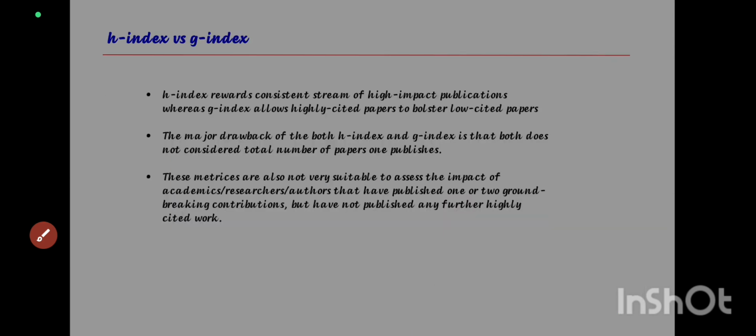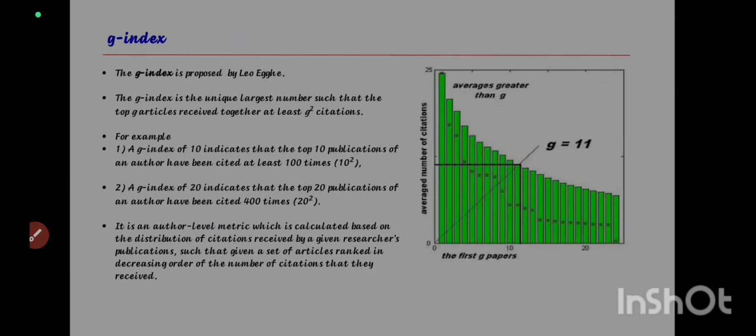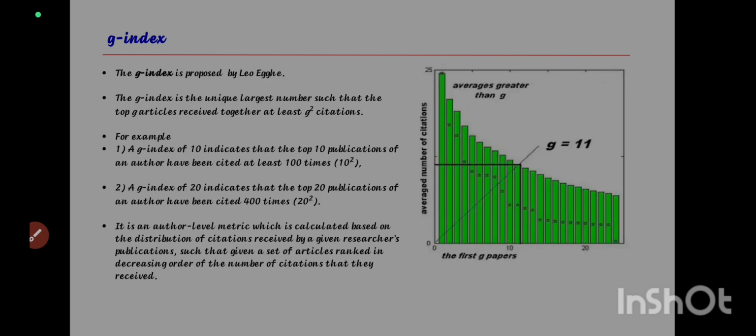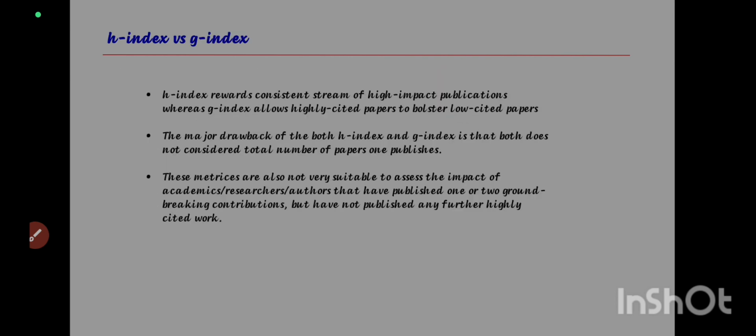Next is H index versus G index. So what is H index versus G index? H index rewards a consistent stream of high impact publications, whereas G index allows highly cited papers to bolster low cited papers. H index is what?